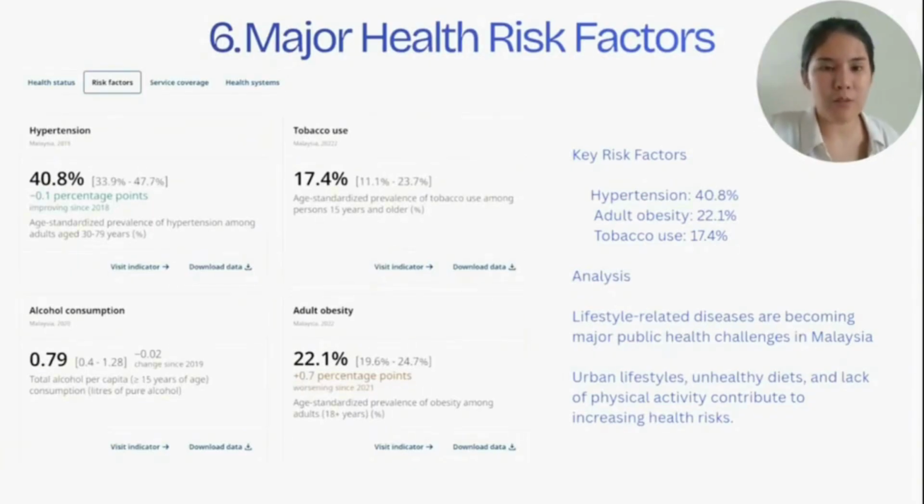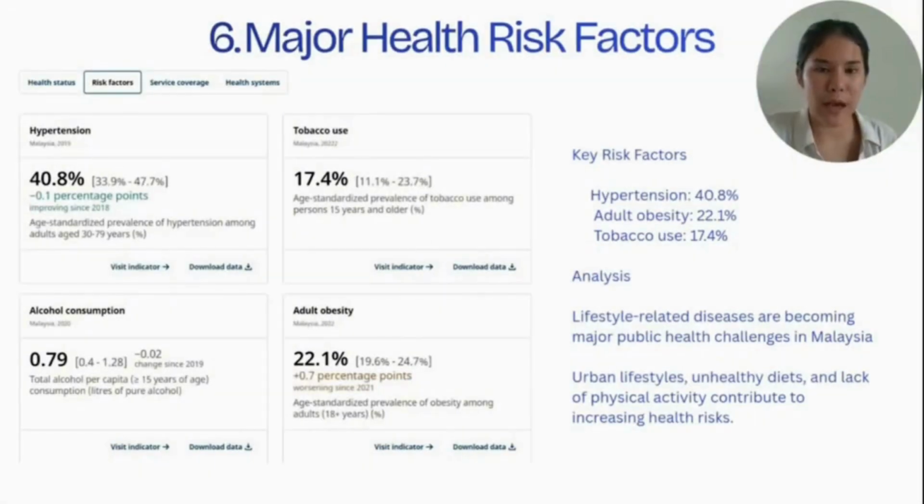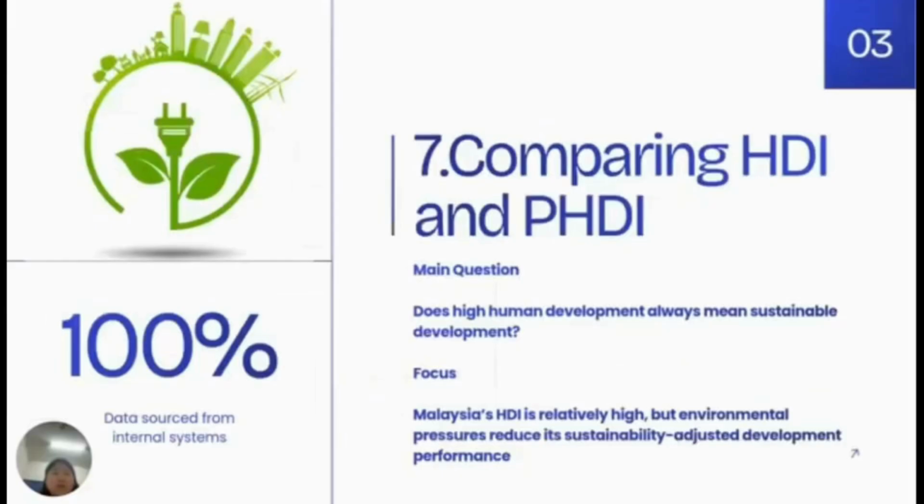We analyze that lifestyle-related diseases are becoming major public health challenges in Malaysia, and urban lifestyles with unhealthy diets and little physical activity contribute to increasing health risks.